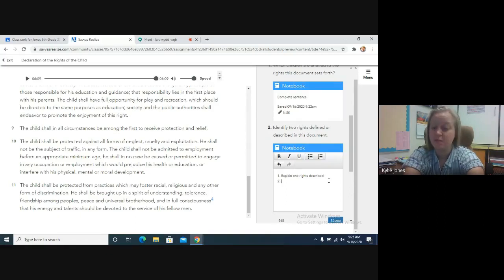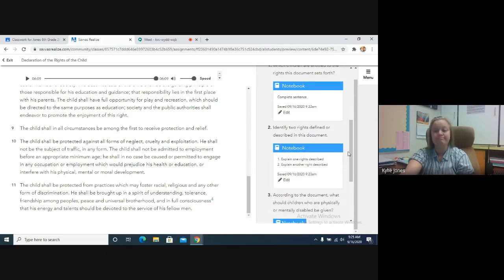And then you're going to have a second one where you explain another right described. So you need to explain 2. Figure out 2 rights that were given to children based on this document. And write those in complete sentences, please.